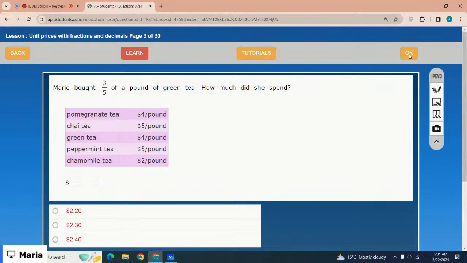Which is the correct option? So I don't have to wait for too long.